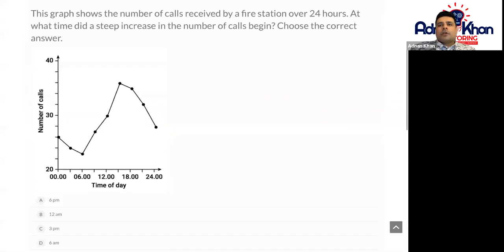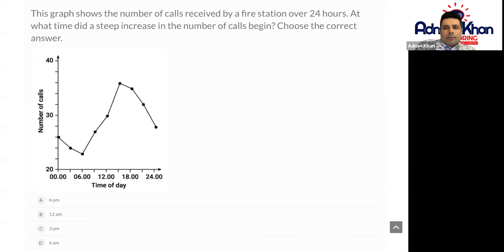With this one, the graph shows the number of calls received by a fire station over 24 hours. At what time did a steep increase in the number of calls begin? So we're looking at this particular steep increase. Now, if you look at the chart here, let me just point it out to you.